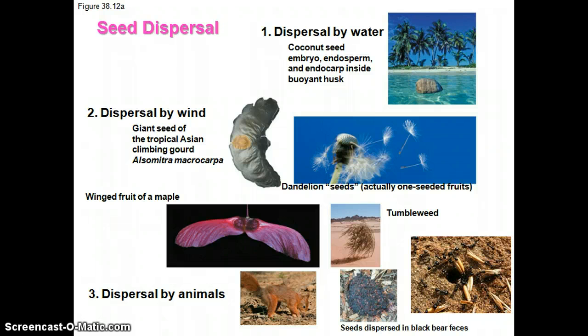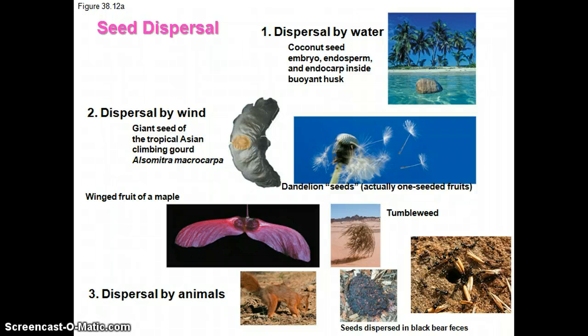Or if it's something that is located in a place where there are frequent fires, that seed may require intense heat to break dormancy. And then once that occurs, there's a lot of open space. If there's been a fire coming through, then there's lots of open space for these new plants to get started with little competition. So it's all about adaptations to help aid in the survival and continued reproduction of the plants.